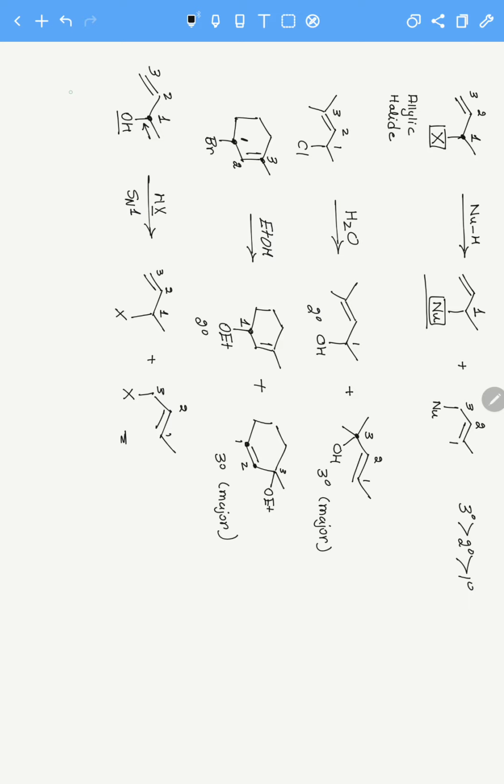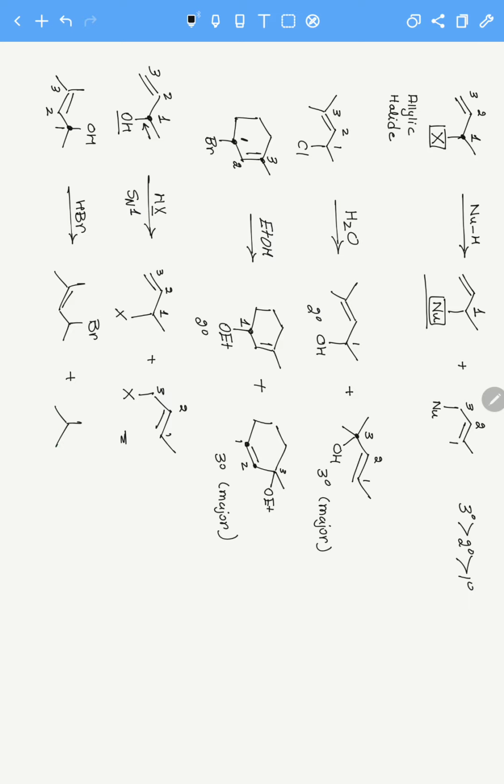For example, let's say we were given this allylic alcohol, and the reaction was HBr. Then to draw the product, the first one is the easy one. Just replace OH by Br and don't make any other change. The second one needs numbering, so this is number 1, this is number 2, this is number 3.